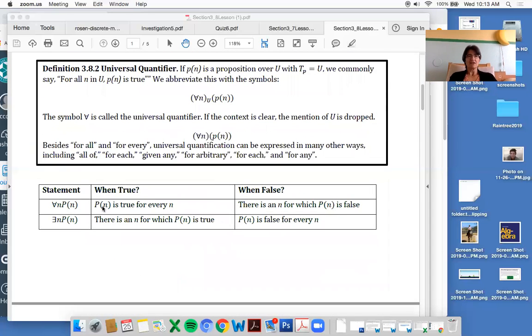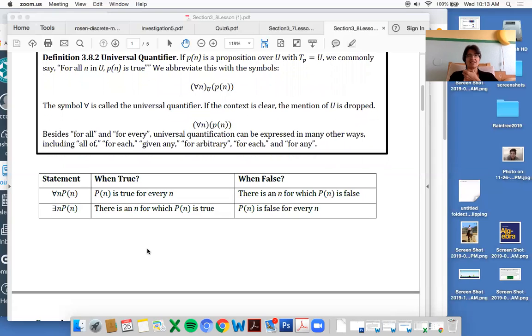Okay, so when these are true and false: the universal statement is true if the proposition we're interested in is true for every n in the universe, and it's false if you can find a counterexample. It's false if you can find just one value of n for which the proposition is false.